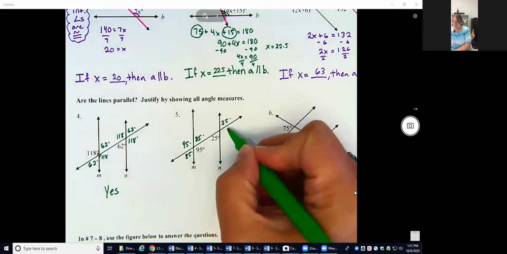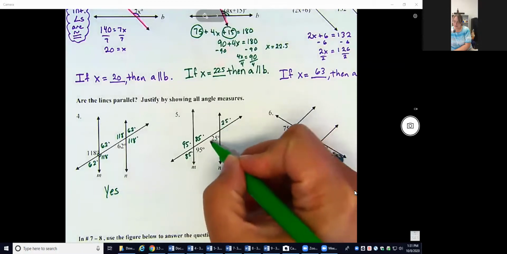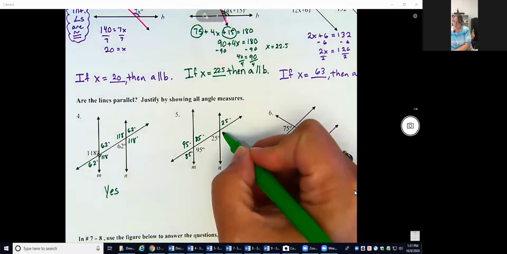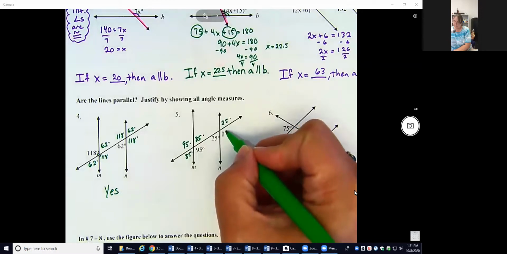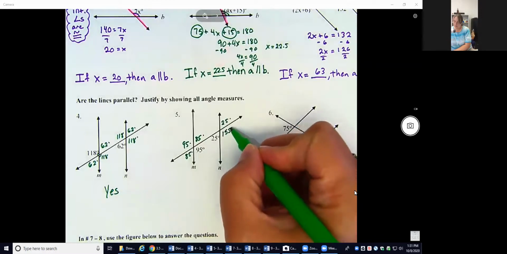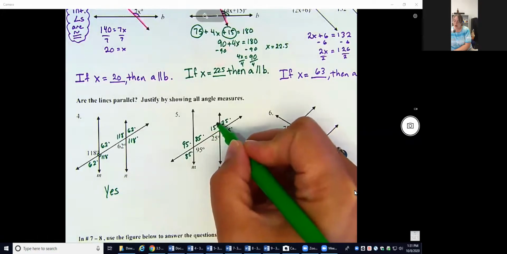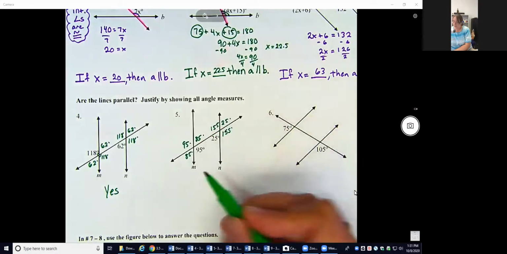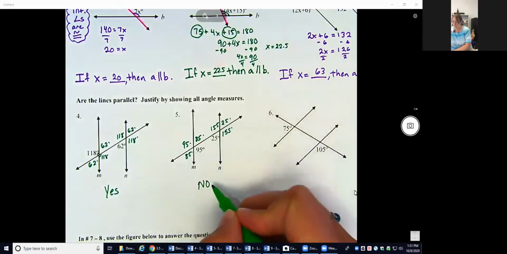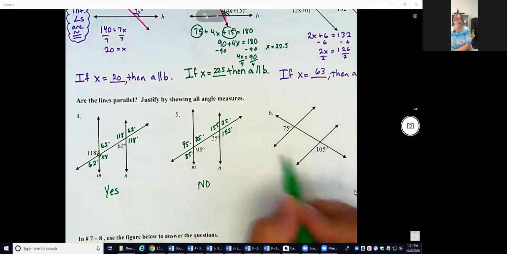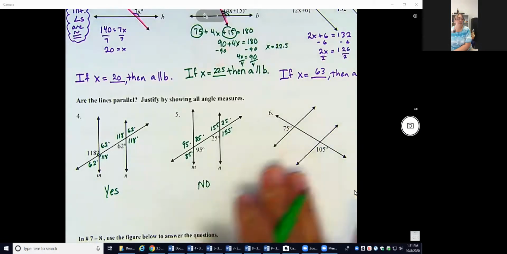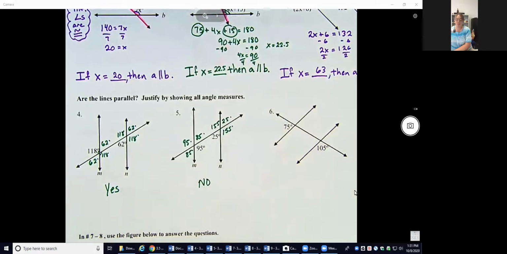And if this were a linear pair right here, that 25, then we would have 155 and 155. Obviously, these don't match, so these lines are not parallel. Okay, number 6 is the same setup as 4 and 5. You can do that on your own.